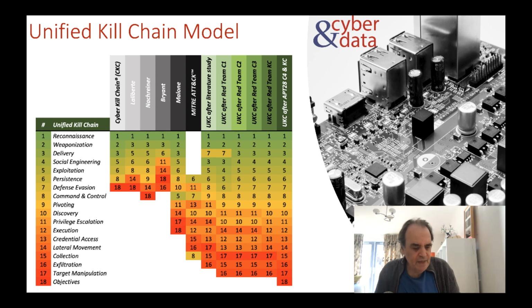So this model here then expands this out into 18 different phases, which are fairly typical for an intrusion, but it might be that this intrusion doesn't include some of these stages, but this is very typical.